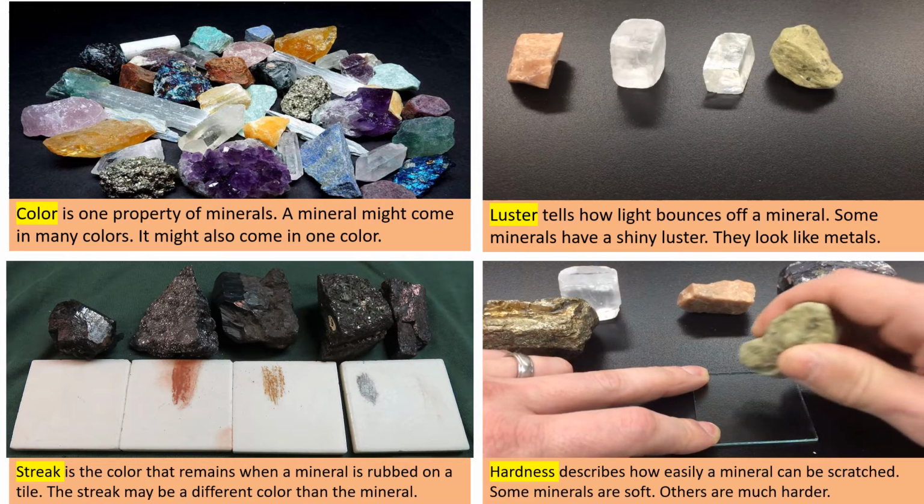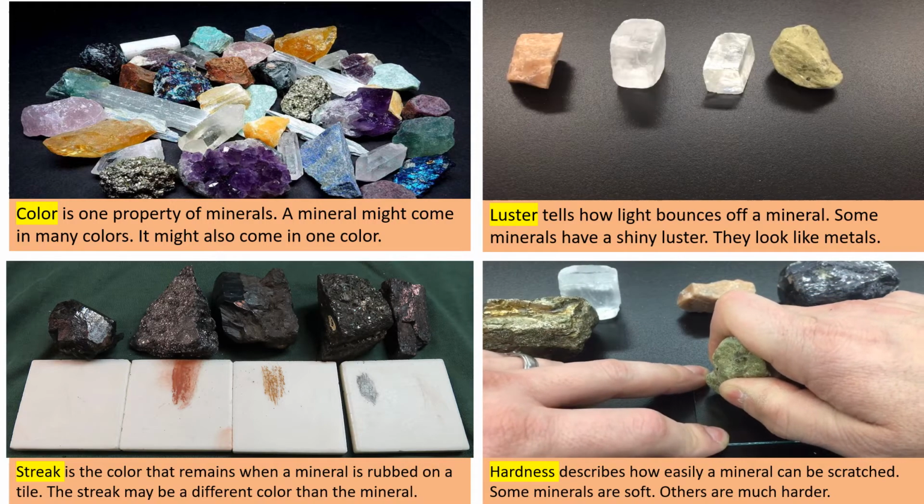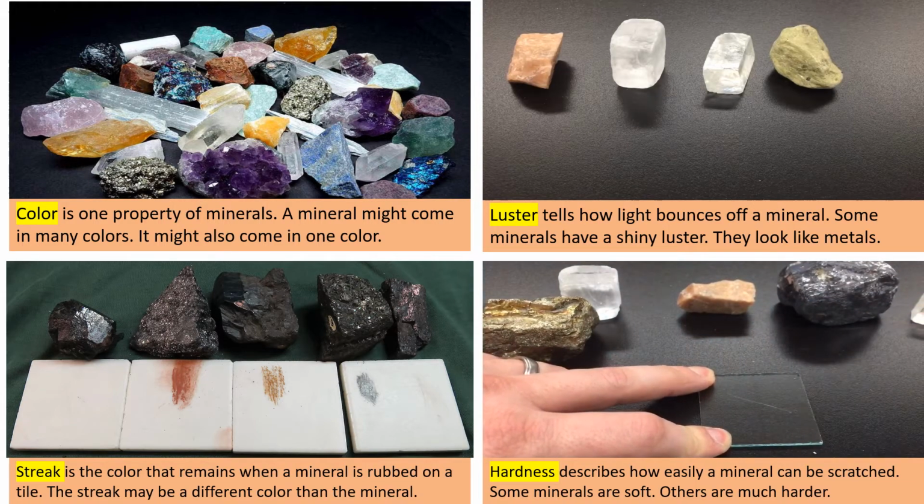Hardness describes how easily a mineral can be scratched. This yellow-colored mineral left a mark on the glass. This means that this mineral is harder than the glass. Let's try another one.